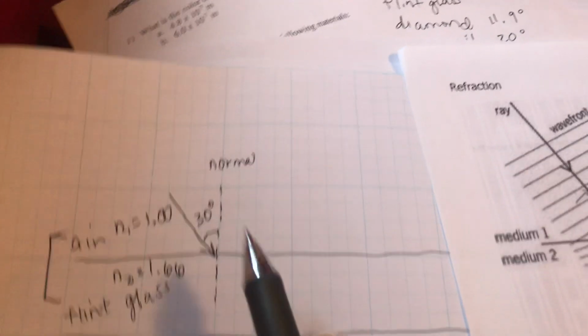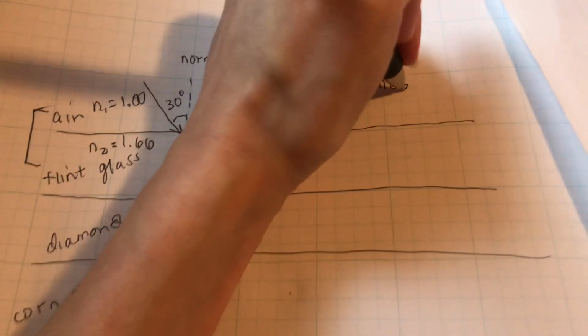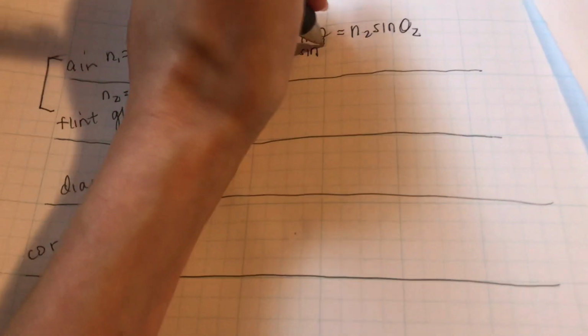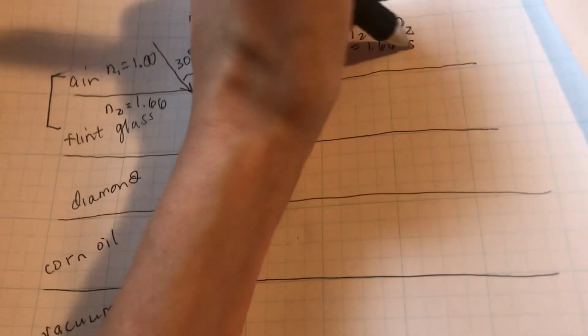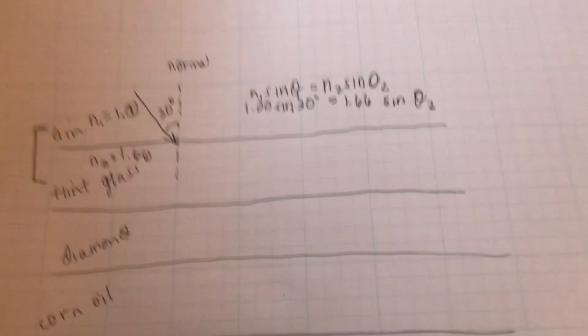Given this information, we isolate the first interface and apply Snell's law: n1 sine theta 1 equals n2 sine theta 2. Plug everything in: 1.00 times sine of 30 degrees, that's the angle of incidence that I gave you, equals 1.66 times sine of theta 2. I already calculated it, and I got that theta 2 should be equal to 17.5 degrees.